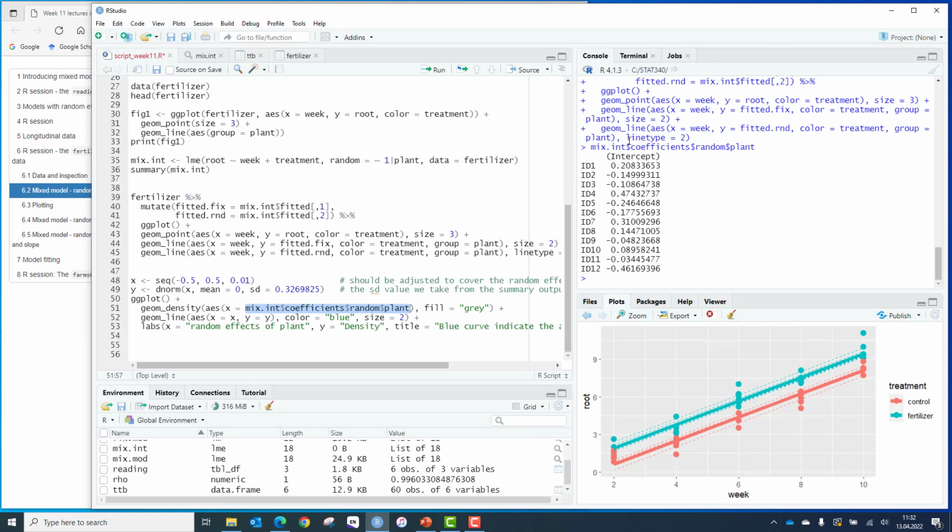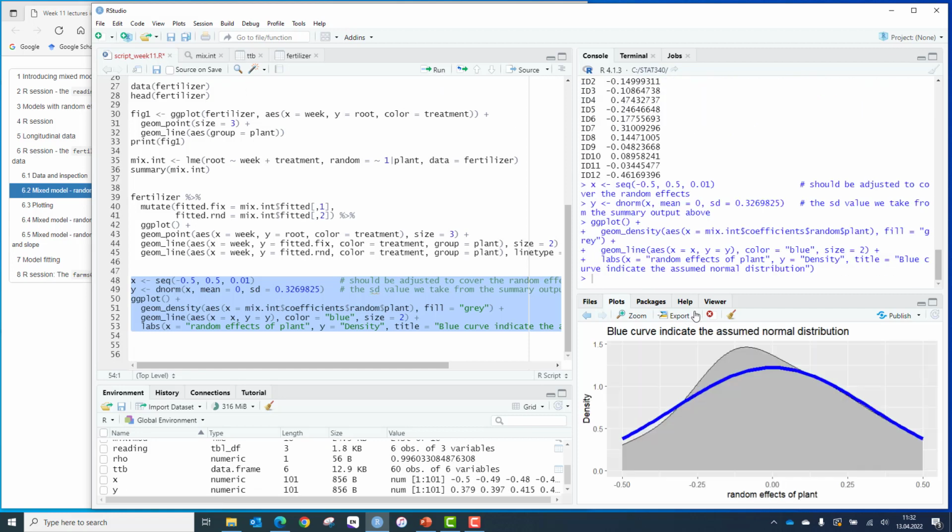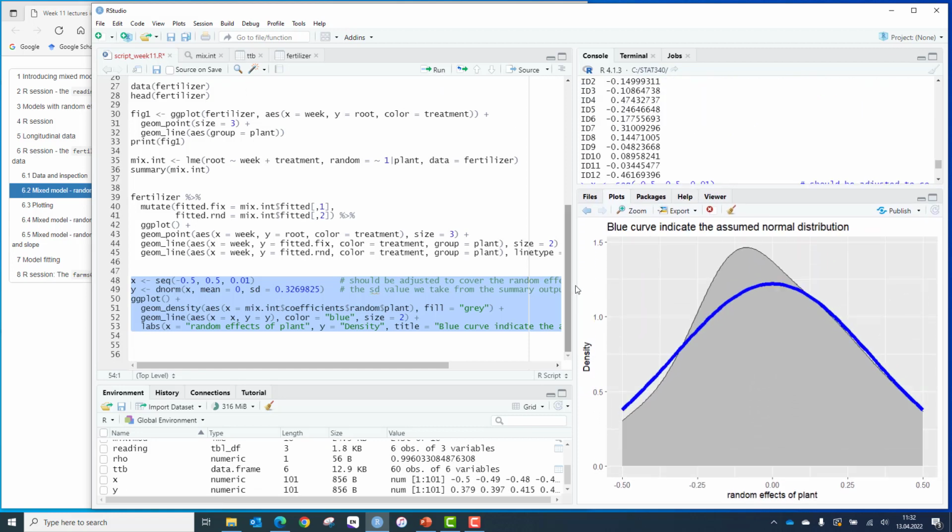These should now be normally distributed, right? With mean 0 and this standard deviation here, approximately. And that's what I'm checking here. I have the theoretical normal distribution here with this spread, and now I plot that together with the data to see if that is a reasonable description of the intercepts in our data.